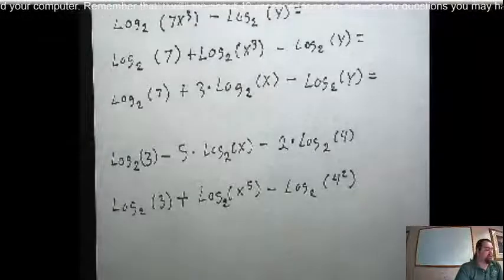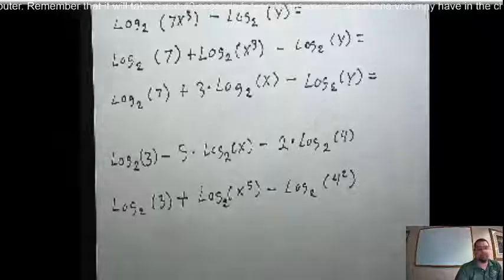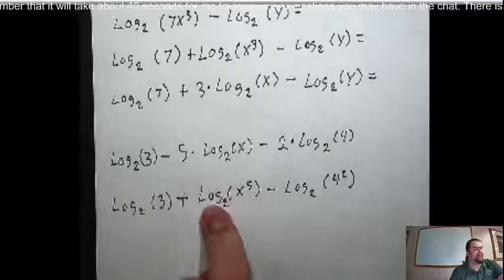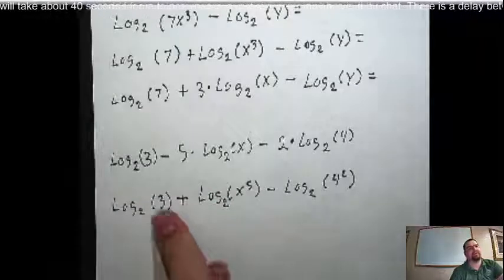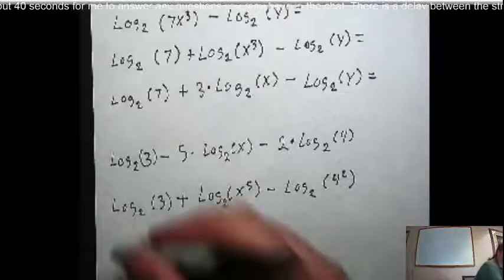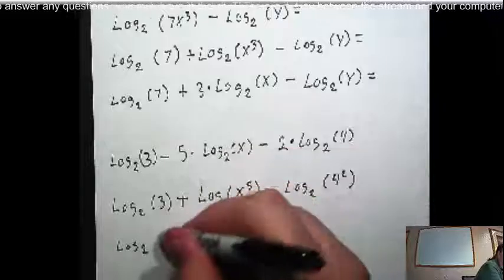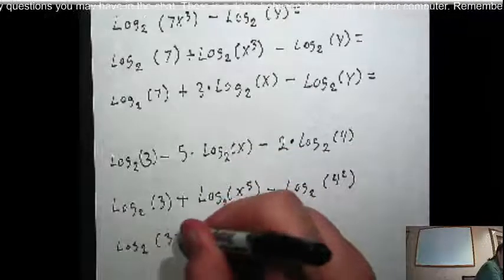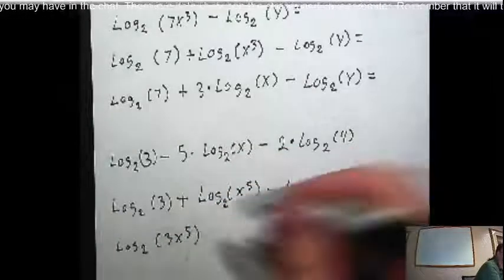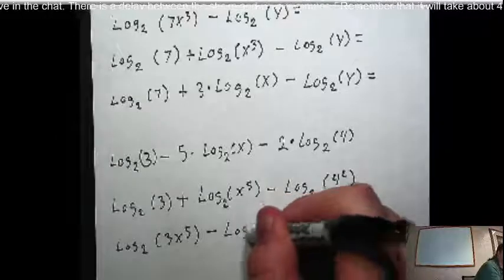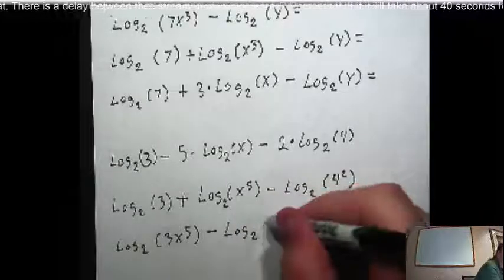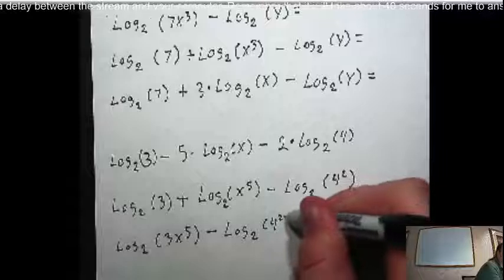All right, then we can use our product rule. We said we have a log plus a log. That really means we can multiply 3 and x to the 5th. So log base 2 of 3x to the 5th minus log base 2 of 4 to the 2nd.